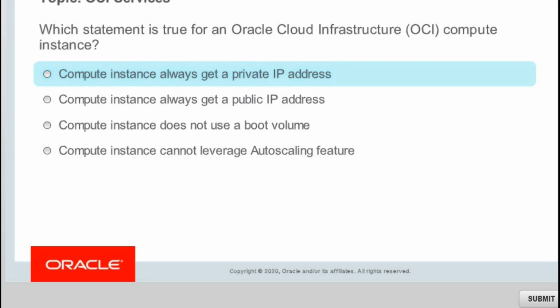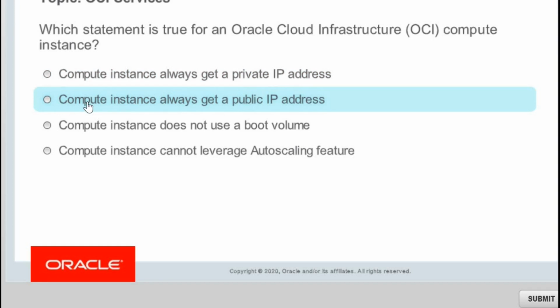Whenever you launch a compute instance, you may or may not require a public IP, but a private IP you definitely require. Otherwise, you will not be able to communicate with your compute instance. You will not be able to SSH. So networking should always be enabled in the case of OCI. So that option looks totally right, but let me see the other options.